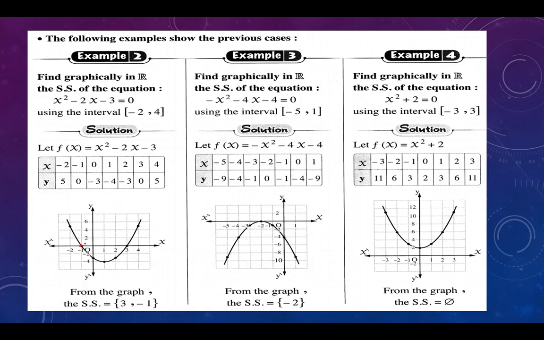So the point will be -1 and 0. 0 and -3. 0 on the x-axis, and we will go down to -3. Okay, -3 between -2 and -4.